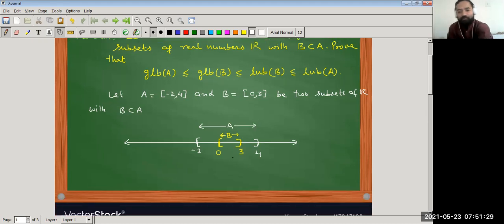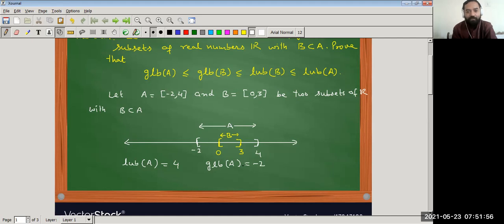Okay. So now, by the definition of least upper bound, we can find the least upper bound of set A, that is equal to 4, and the greatest lower bound of set A is, what is the greatest lower bound? That is minus 2.